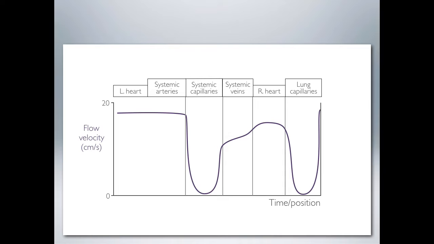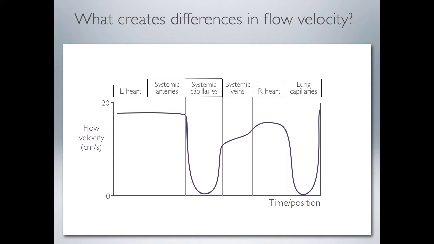That's a good thing, but just because it's good doesn't explain why this occurs. So that brings us to our first question, which is what creates these differences in flow velocity? We're going to consider simple hydrodynamics to explain this first, and then we're going to consider pressure in a similar way.